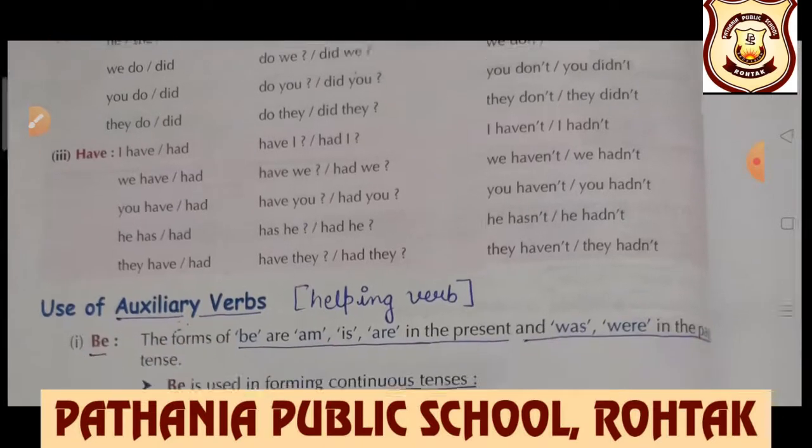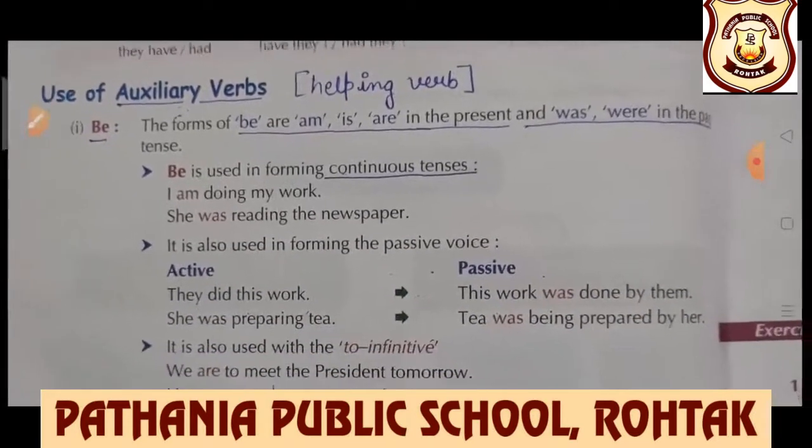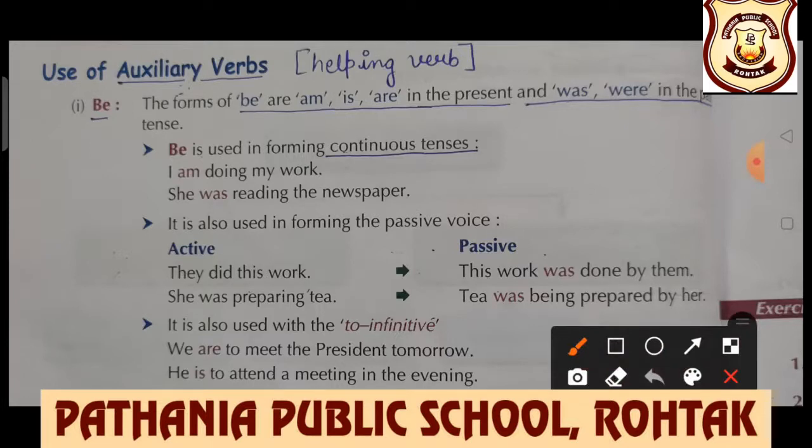Further, we need to understand, students, the use of auxiliary verbs. Auxiliary means helping verbs. This I have already told you. Now let's learn one by one the helping verbs, the forms of be, which are is, am, are and was, were, and how they are used in a sentence.